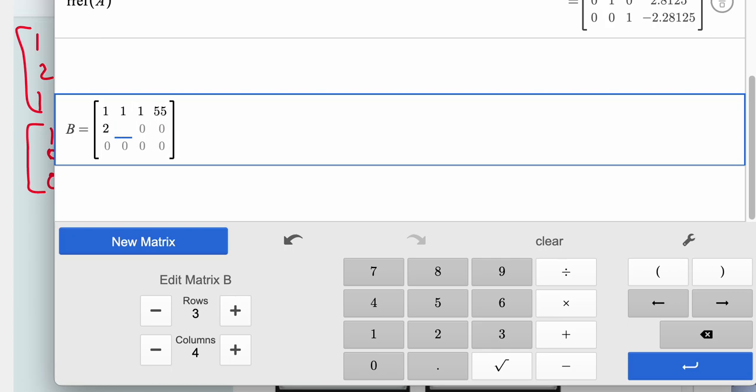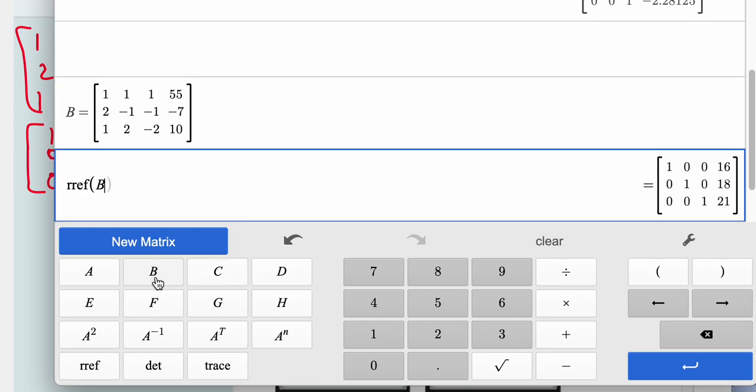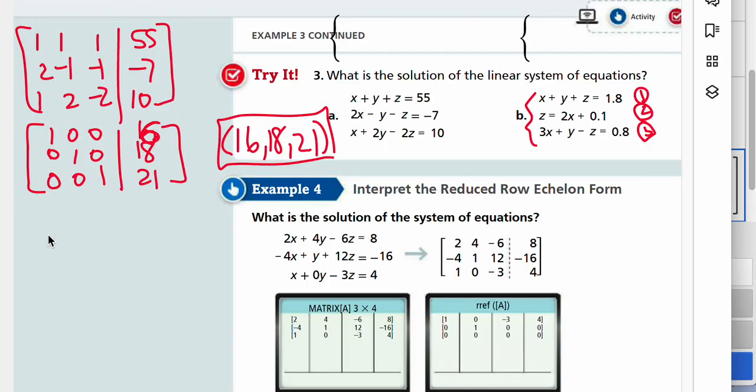And then 2, negative 1, negative 1, negative 7. Then 1, 2, negative 2, 10. As long as you have the matrix correct, you should be able to find your answer correctly: 16, 18, 21. There you go. So you can also use technology to check your answer while you're practicing solving by matrix.